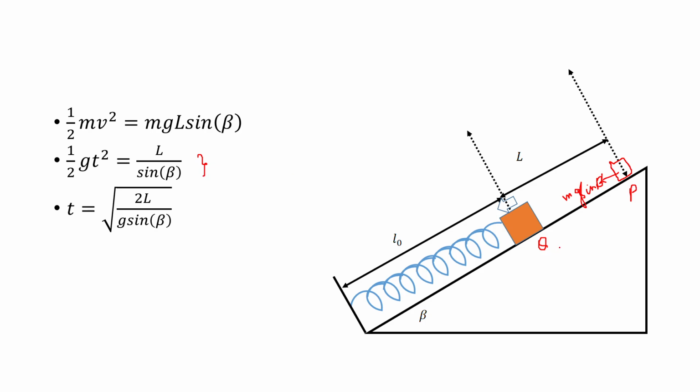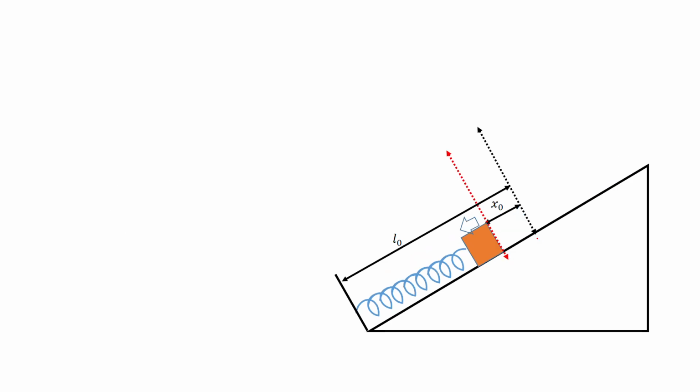After Q the motion will be simple harmonic. It will come to an equilibrium position x naught. In this equilibrium position, kx naught will be equal to the net force, that is mg sine beta, and this angle is beta.